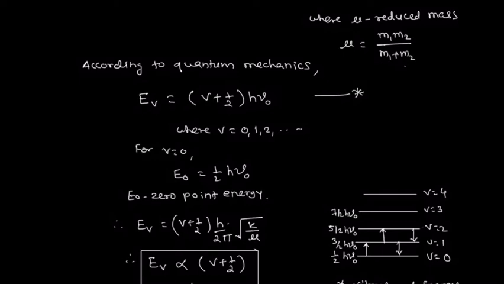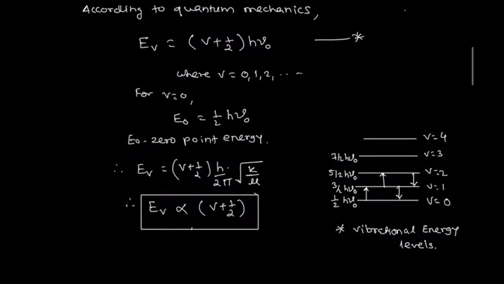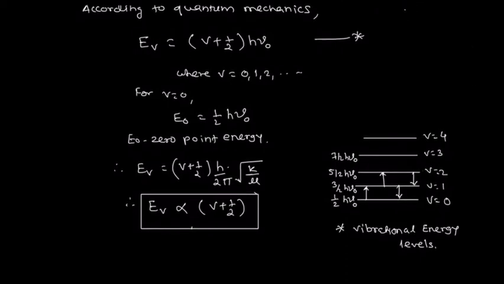Also, the vibrational energy is of the order of 0.1 electron volt, which is much larger than the thermal energy. Hence, at room temperature, all molecules must be present in the lowest energy state, which is v equal to 0.